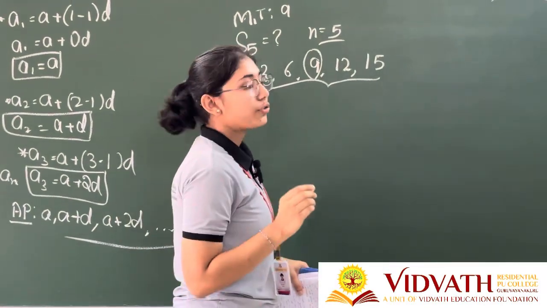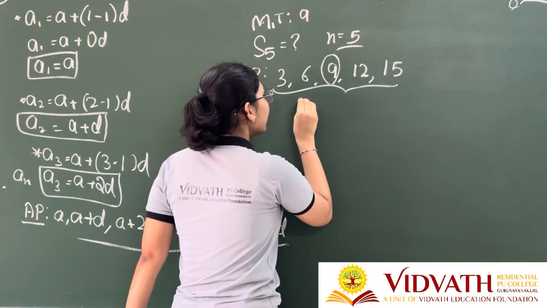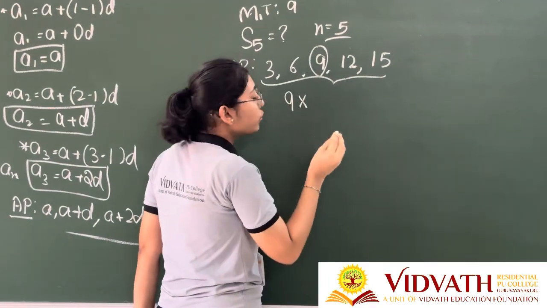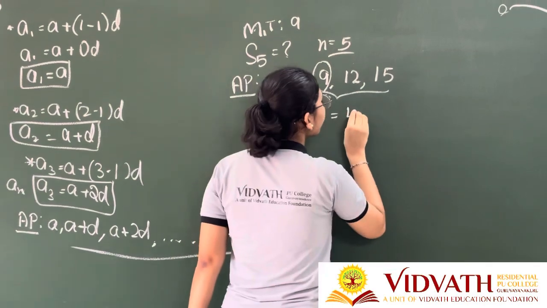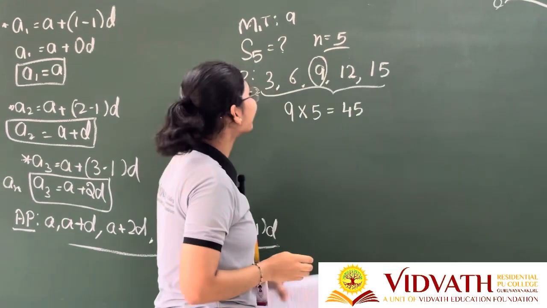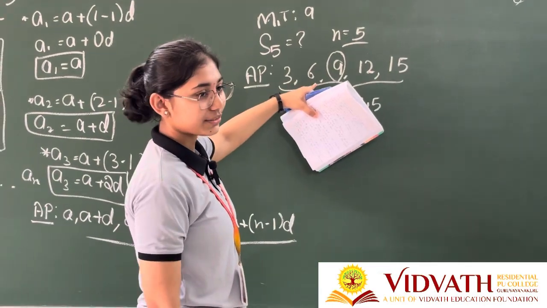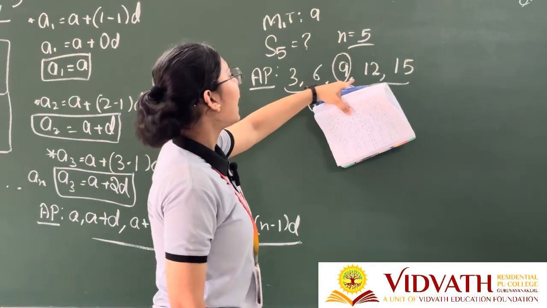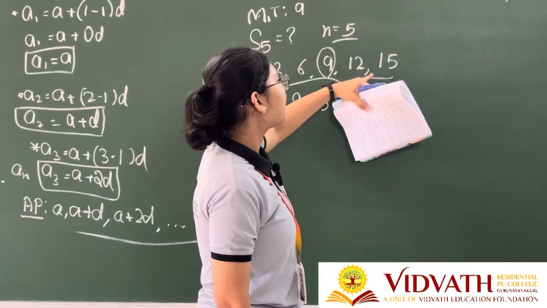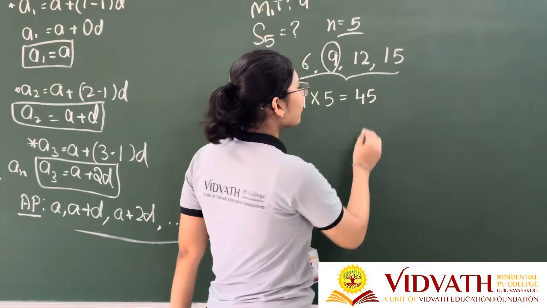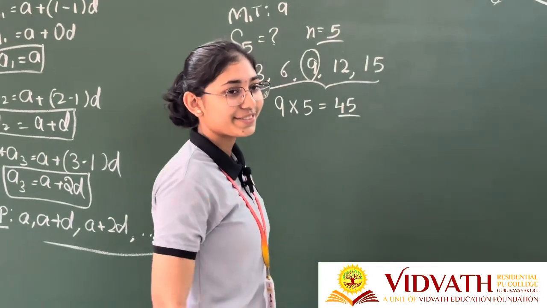To find the sum of terms, the middle term 9 into the number of terms is equal to 9 into 5. Let's check it. 3 plus 6, 9 plus 9, 18 plus 12, 30 plus 15.